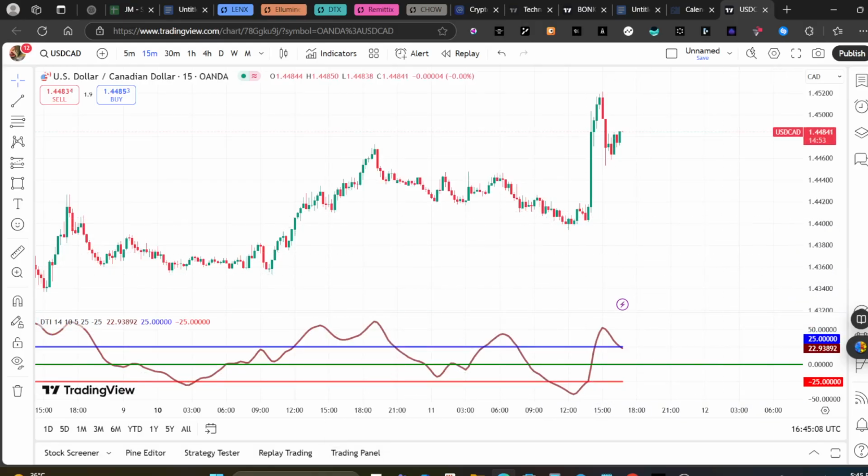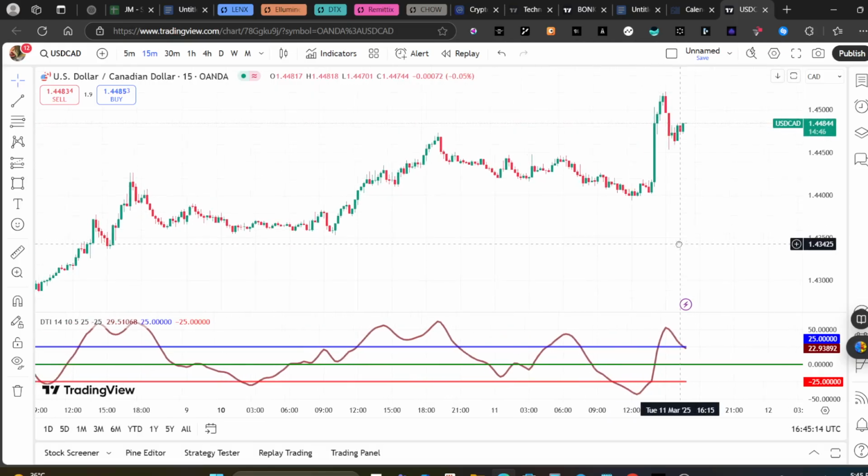Now, whether you are a beginner or an experienced trader, this tool has the potential to help you identify market trends more accurately and, most importantly, avoid those tricky, choppy market conditions where it is hard to make solid trading decisions.